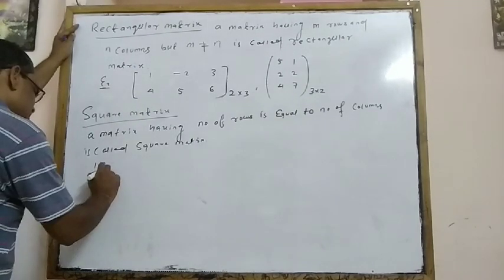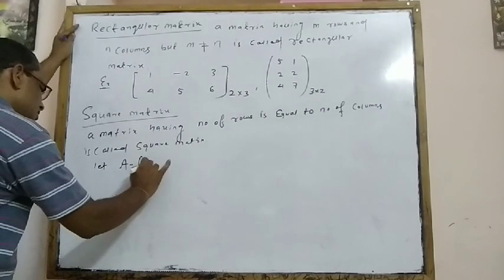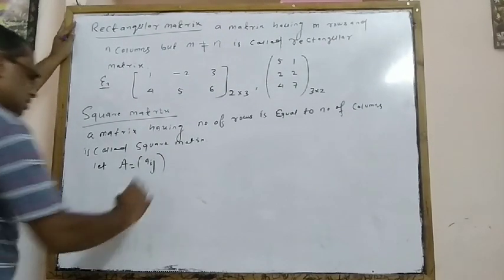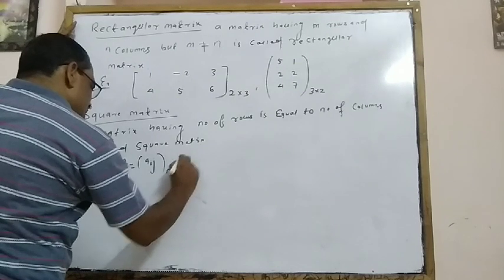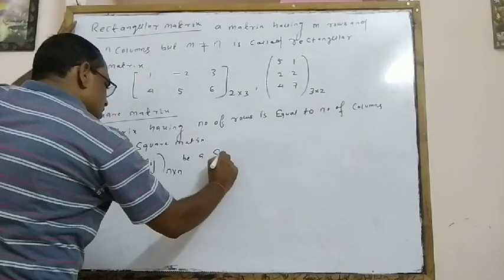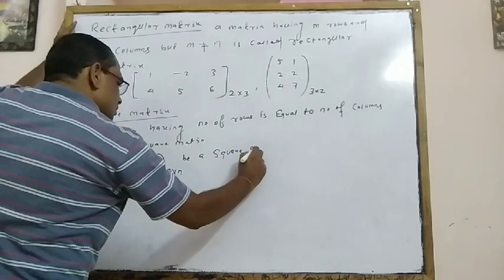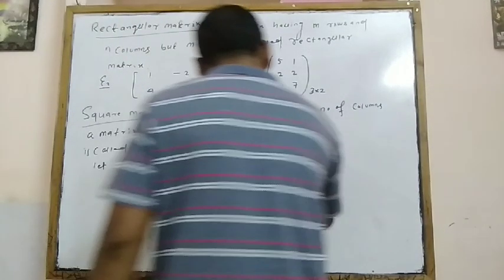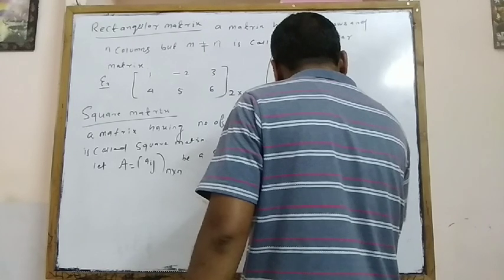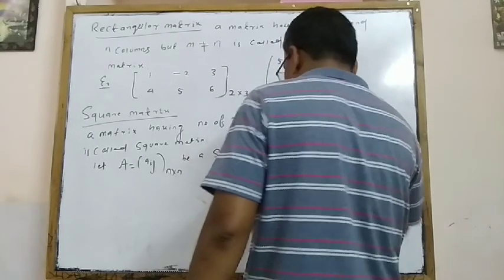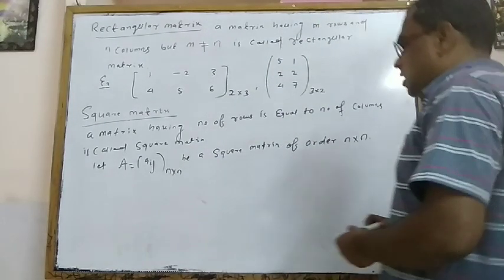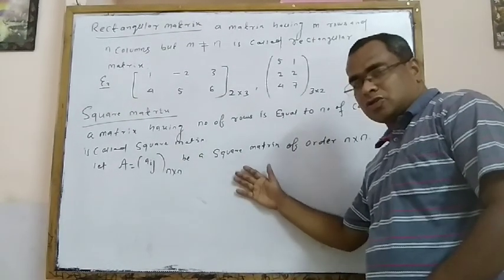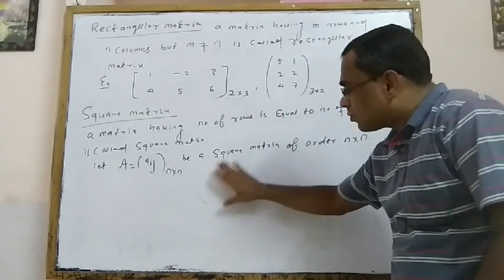Let capital A is equal to [aij]. This is the compact form of the matrix. Let it be a square matrix of order n cross n. It is a matrix of order n cross n, or you can say a square matrix of order n.